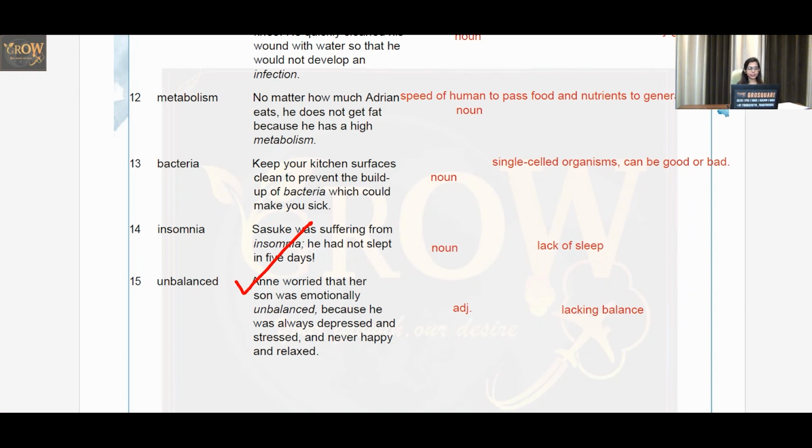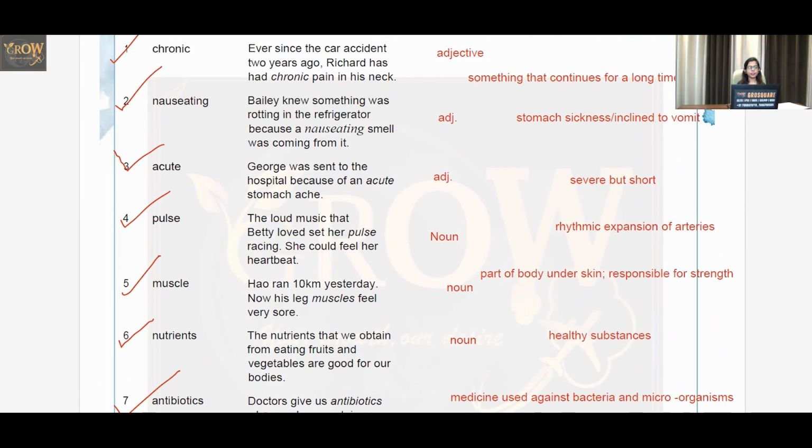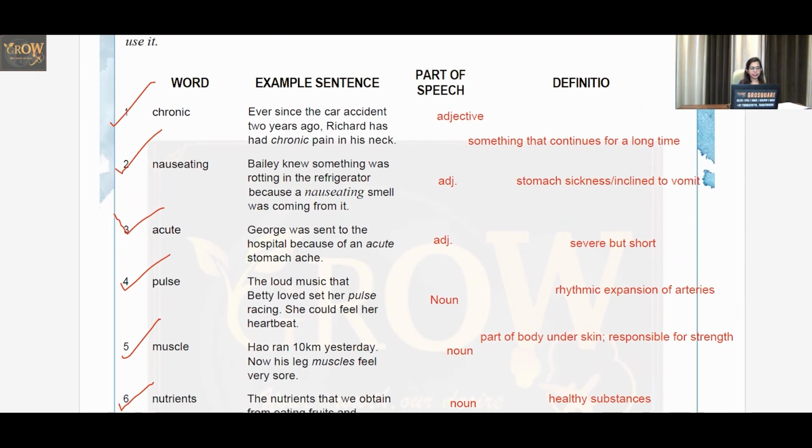Okay, so with this we have covered all the 15 vocabulary words. Now let's revise them all very quickly. The first one that we did is chronic, which means something that continues for a long time. Second is nauseating, something that makes you feel like vomiting. Third one is acute, that is severe but short.